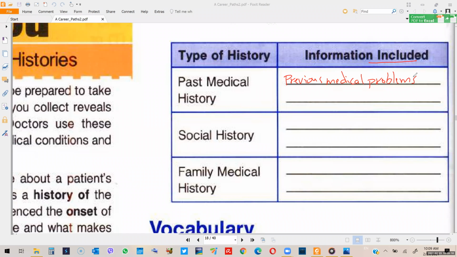This is number 1. And also problems related to the current situation, the current state.